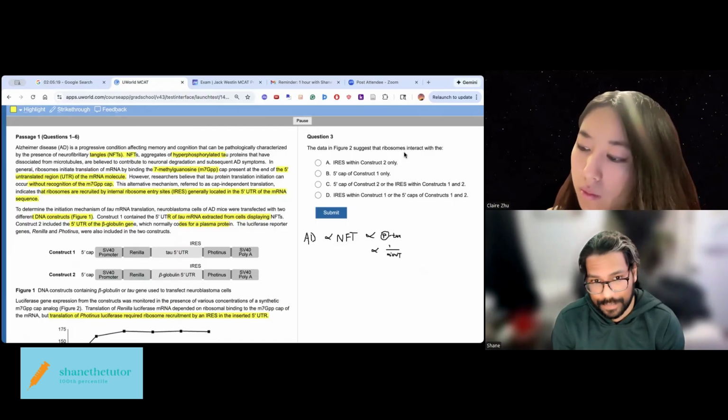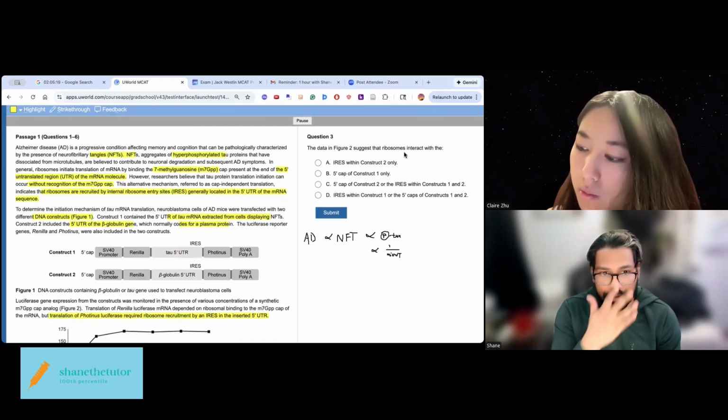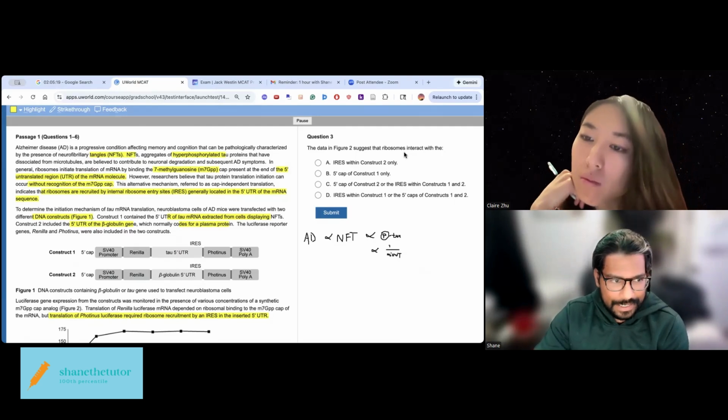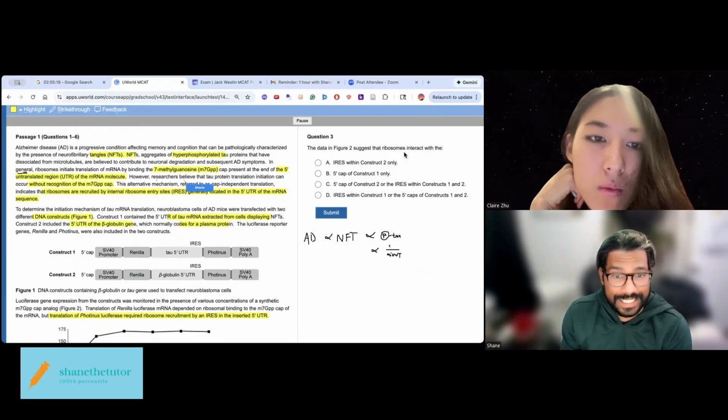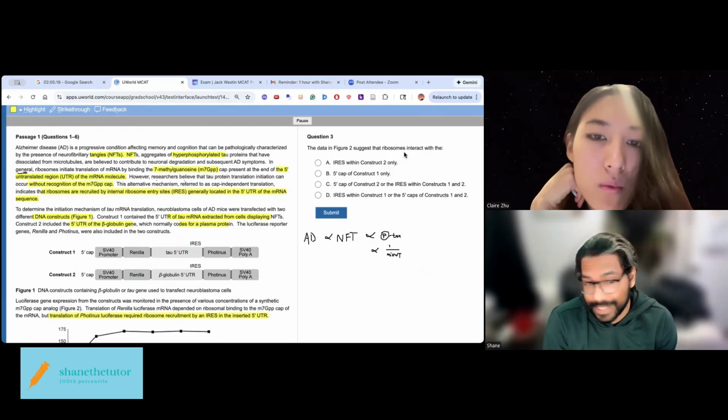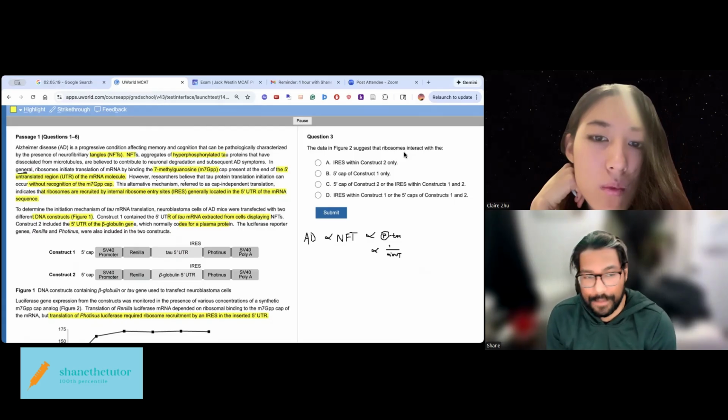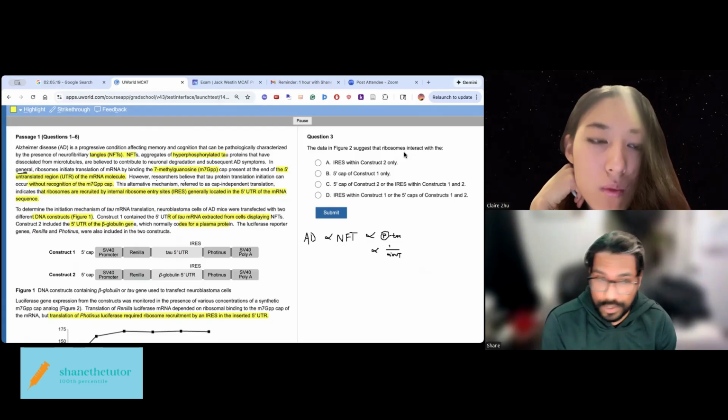I mean, this isn't something that we know, but you see how it says "in general," and then they say "researchers believe." So this is likely going to be some type of hypothesis that they're going to create an experiment for at some point.